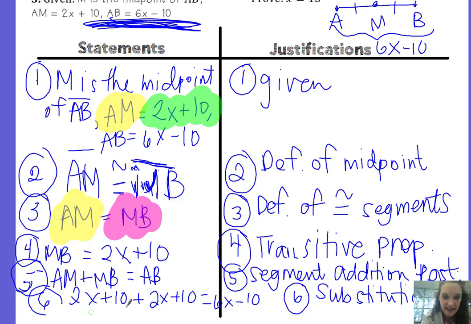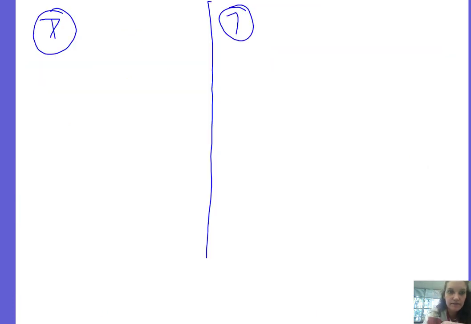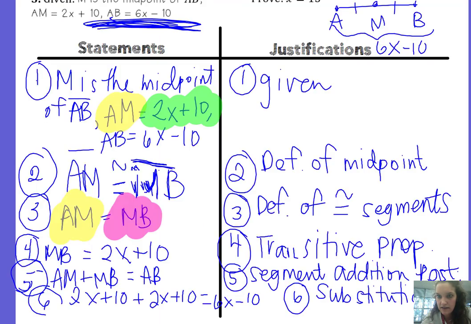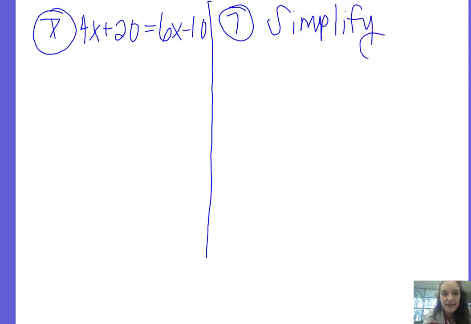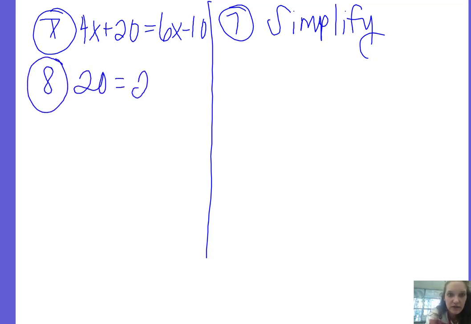I have x's I can add together and I have whole numbers I can add together to get 4x plus 20 equals 6x minus 10. That was just simplify. All I did was combine like terms. Now I'm going to subtract 4x from both sides, which will give me 20 equals 2x minus 10.